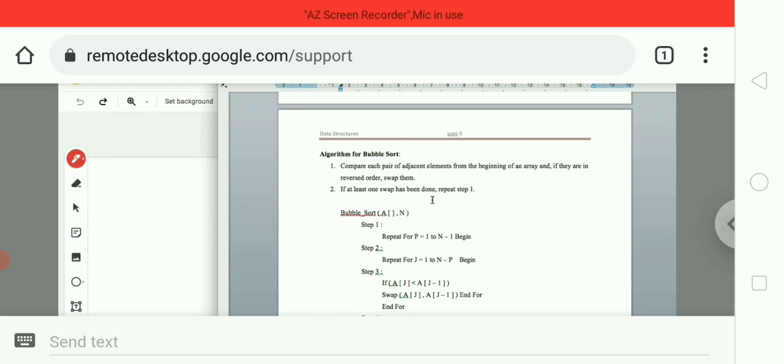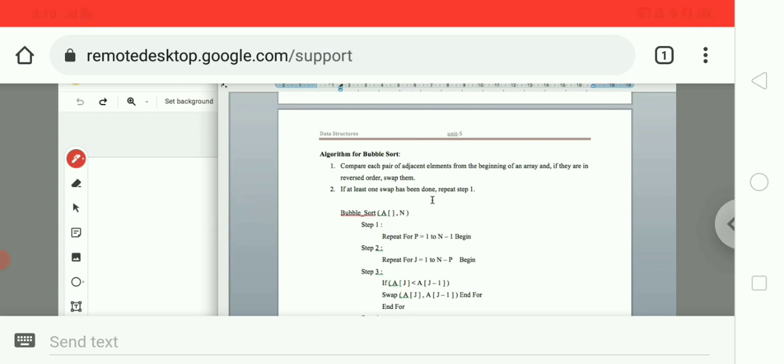Here repeat for p equal to 1 to n-1. In step 2, repeat j equal to 1 to n-p. In step 3, if a[j] is less than a[j-1], swap a[j] and a[j-1]. And in the end, after finishing all the iterations, we have to exit.